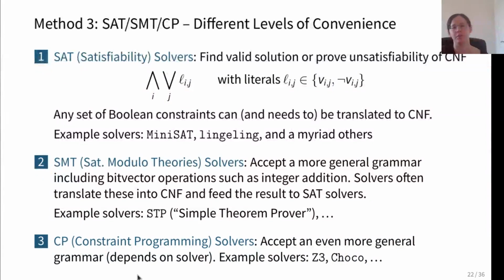That depends a bit on your viewpoint. So in any case, constraint programming is a very general term for a very, very general family of grammars. And in some cases, these solvers also translate what you're giving them into subproblems. And some popular solvers include Z3 and Choco.